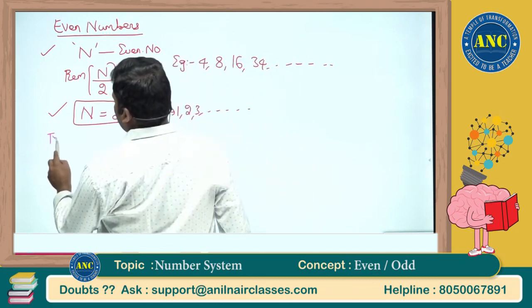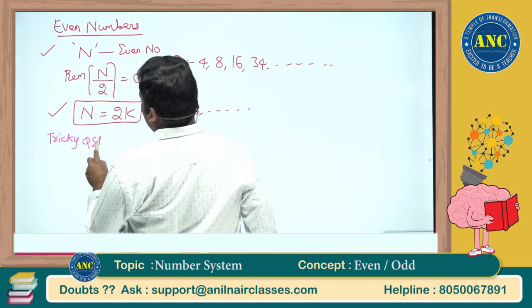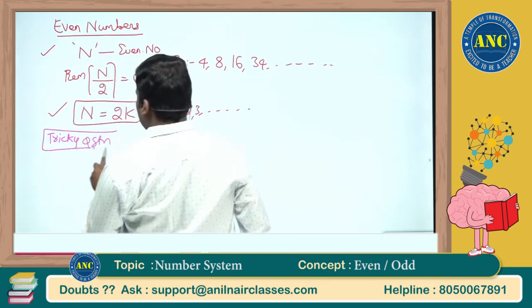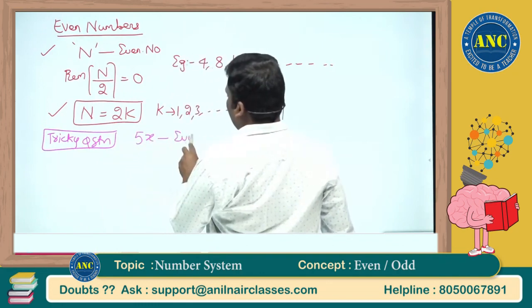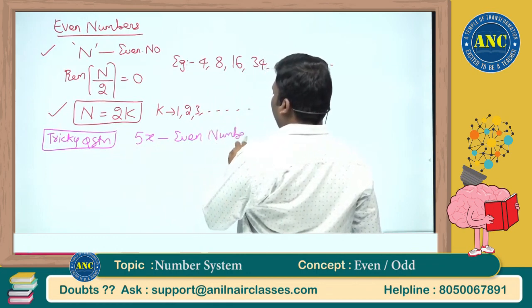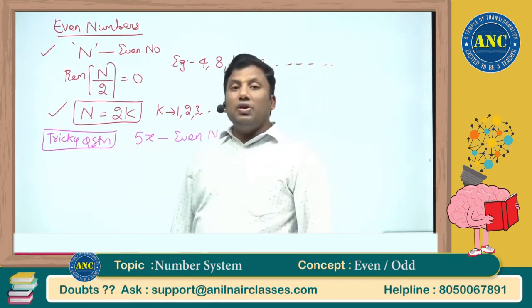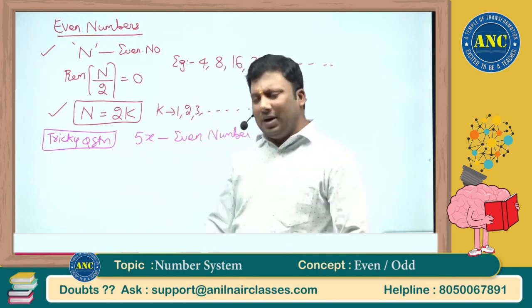Suppose, a tricky question. This is where most of them will make a mistake. 5x is an even number. 5 into x is an even number. The output is given as an even number.